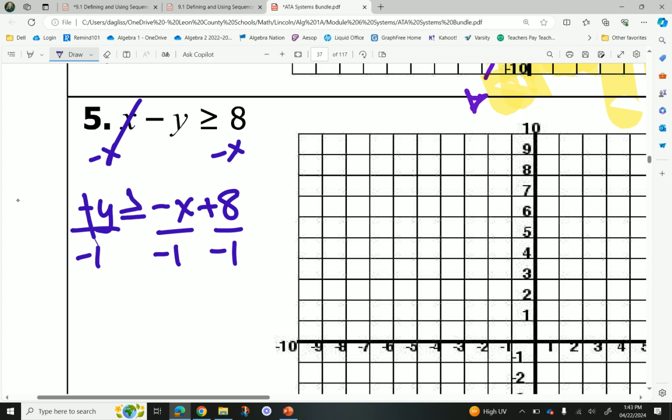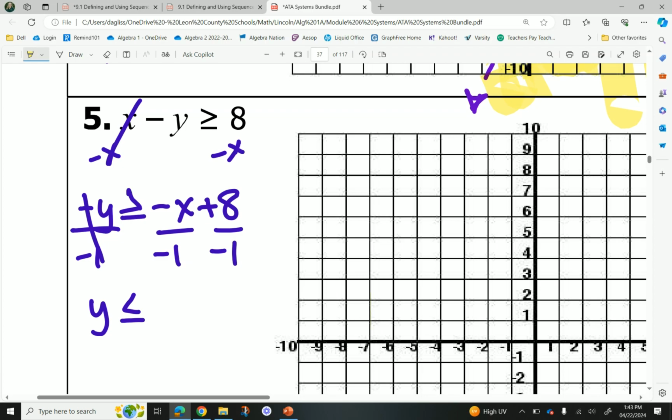Does my sign flip? Yes. Our sign is flipping. Woo. I don't know why it keeps doing that. My sign is going to flip because we divided by a negative number. Negative x over -1 is just going to be positive 1x.